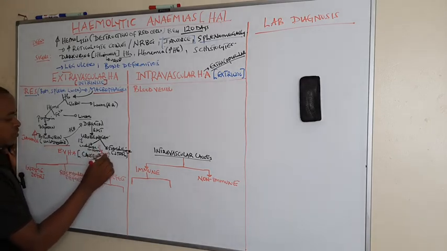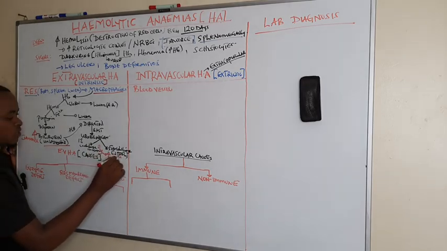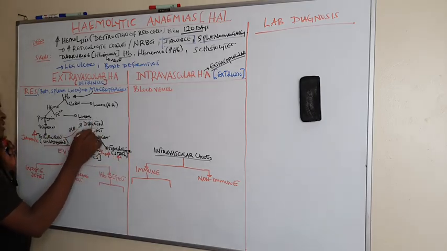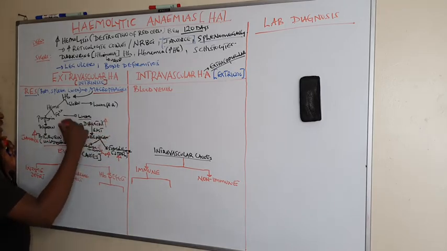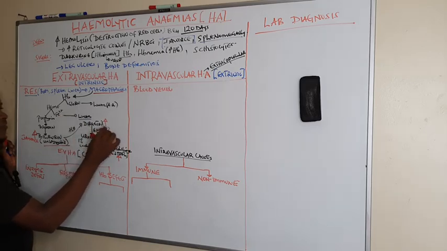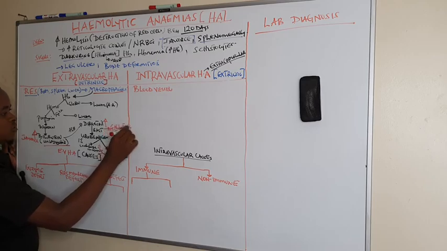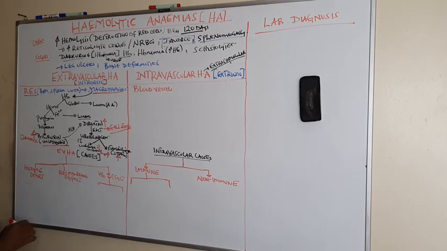There are increased levels of urobilinogen in urine, and stercobilinogen is also increased in stool. And because there is increased direct and indirect bilirubin, the biliary system is overworking, so we can even see gallstones being formed due to overworking of the biliary system.